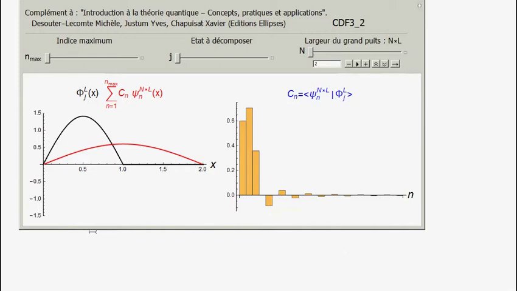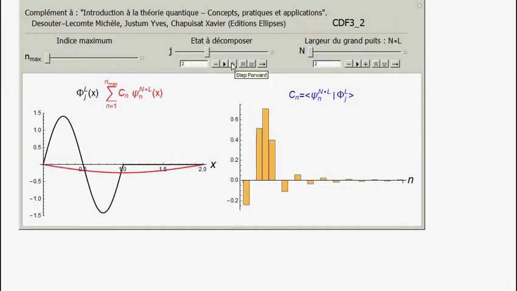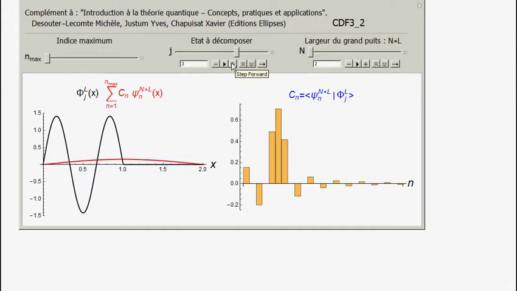Now we will illustrate how we could prepare a non-stationary state. I take back the model of an infinite well with a width of 1 and a particular eigenstate represented in black. By modifying the quantum number j, one may choose different eigenstates of the small well.